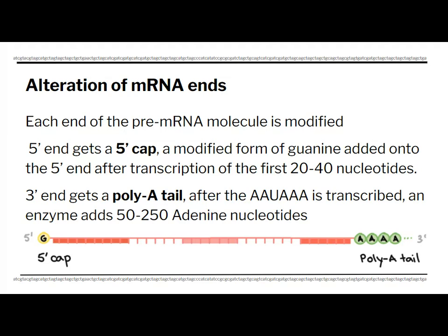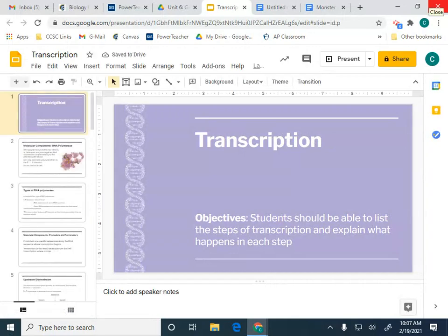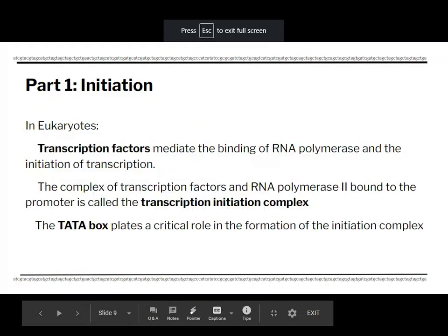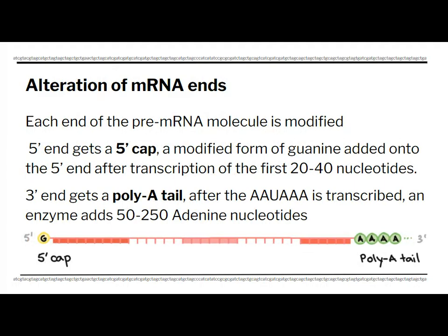And if something falls off that 3' end, we want to make sure that it's nothing important. So 5' end gets a guanine cap. 3' end gets a poly A tail.